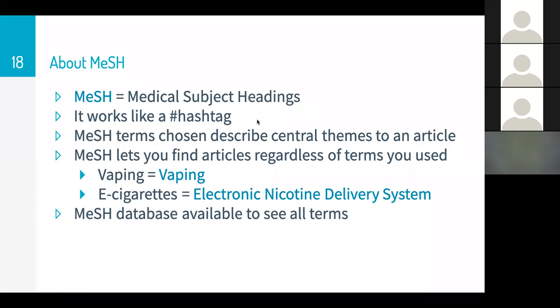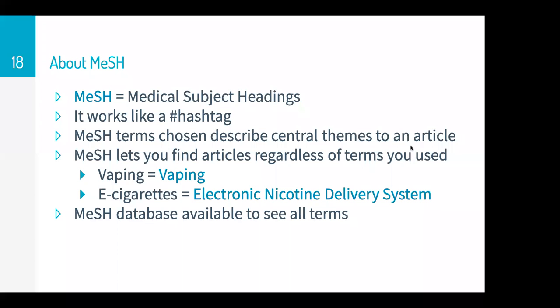This is a recap on what the medical subject headings are. The MeSH terms are actually assigned to an article by a librarian at the National Library of Medicine. They have to go through every single article, so it takes time to do. But when they assign them, those terms are meant to describe the central themes of an article.